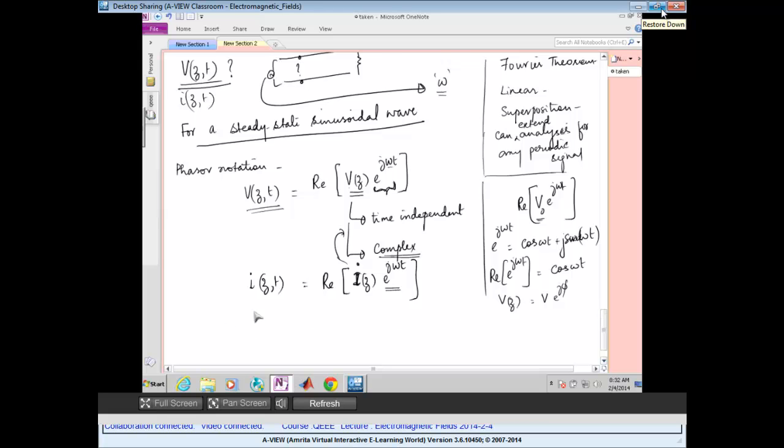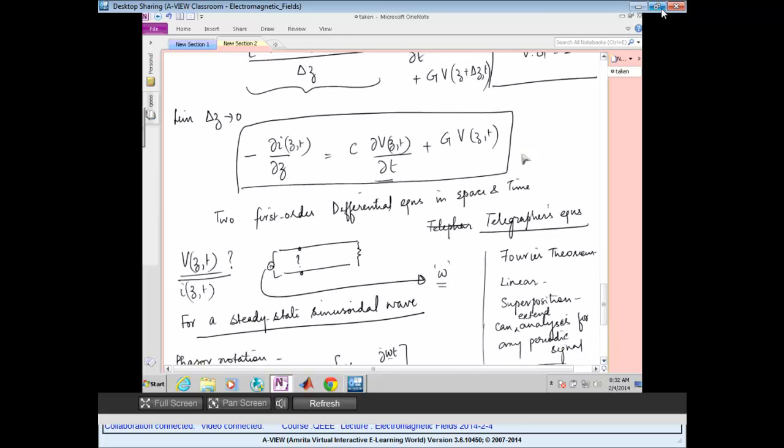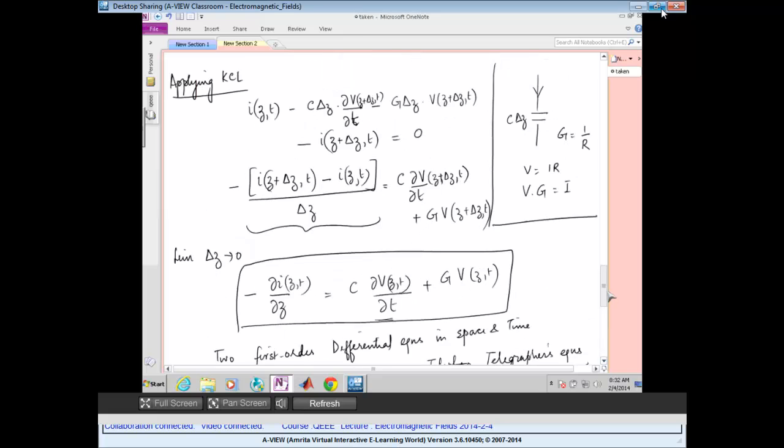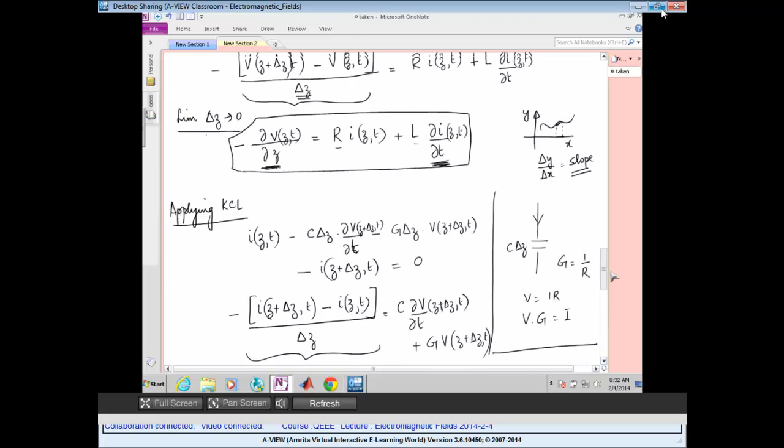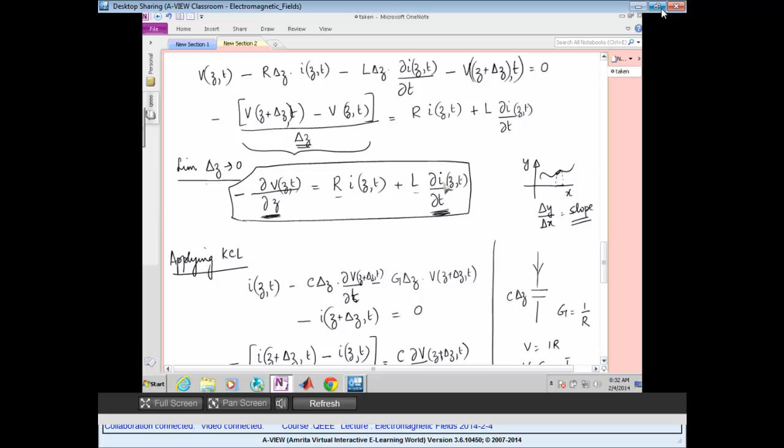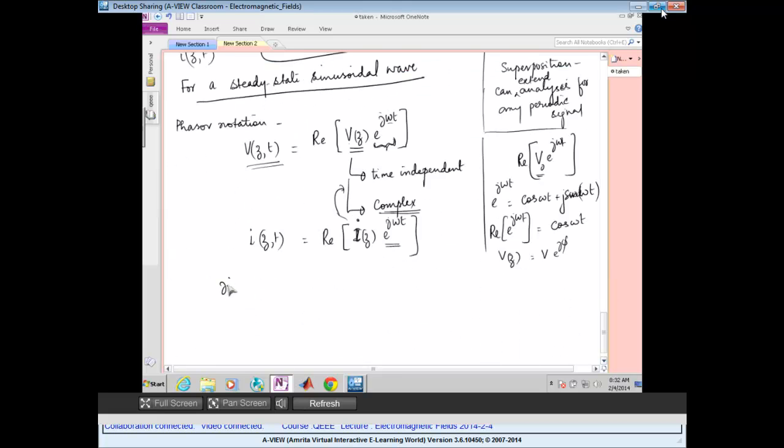So if I use these on my telegrapher's equation, what is my telegrapher's first equation? Del V by del z is R i plus L del i by del t. Now this del i by del t, if I go back and calculate in the phasor, a derivative with respect to time is going to give me j omega Iz e power j omega t.